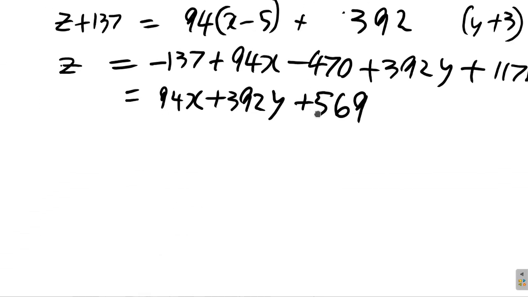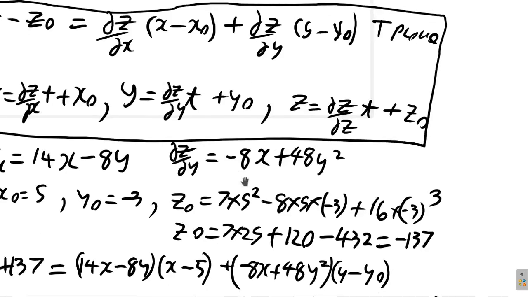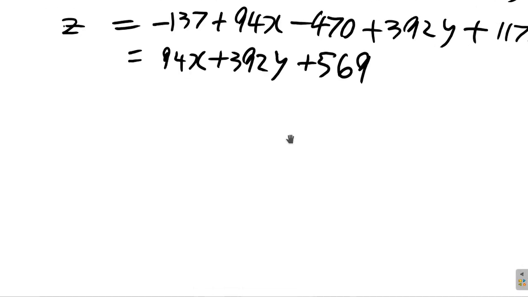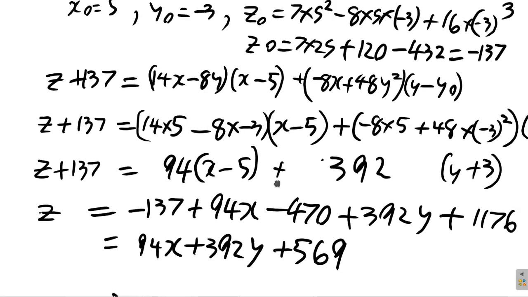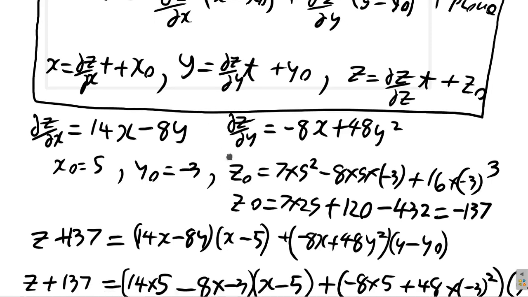We want the normal line now. So remember the normal line, x is delta z by delta x t plus x naught. That's the parametric equation. X equal delta z by delta x t plus x naught. In this case, what we have is delta z by delta x at that point.